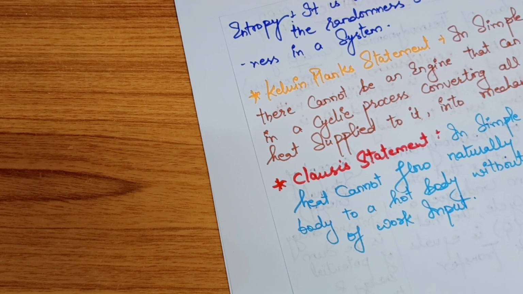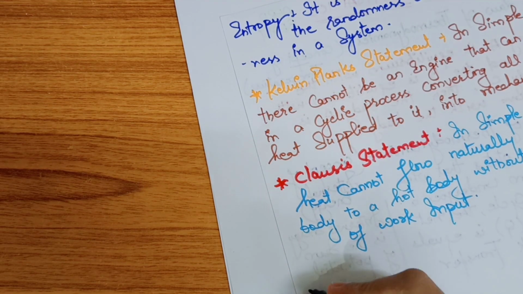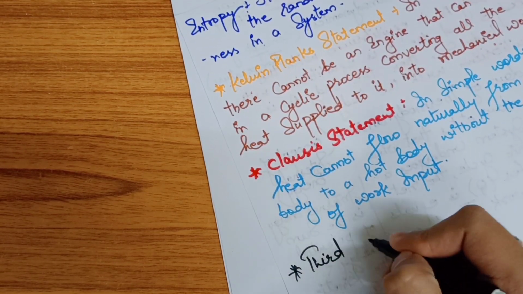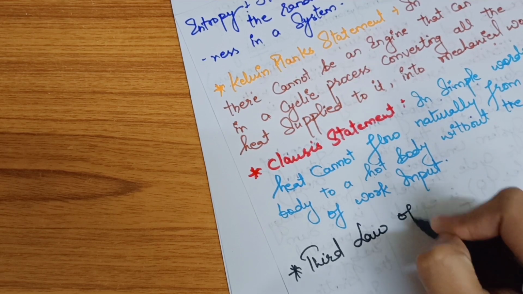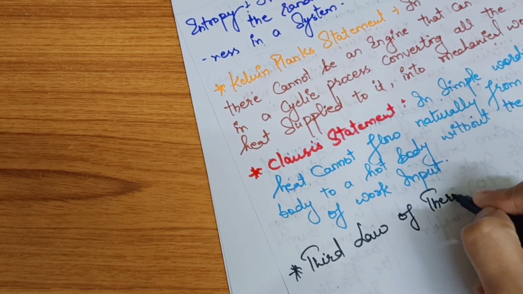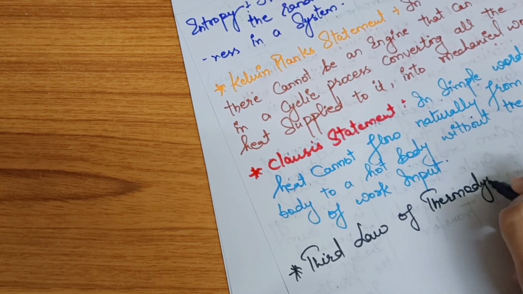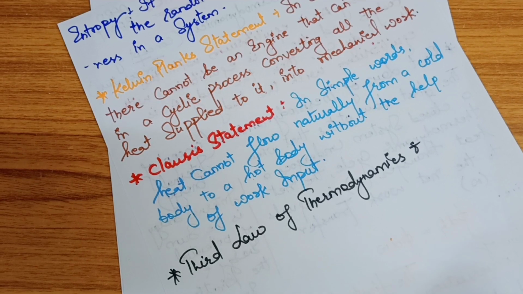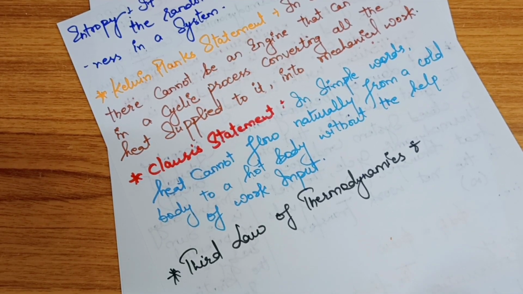So next one is the third law of thermodynamics. The third law of thermodynamics states that the entropy of a pure substance in thermodynamic equilibrium approaches zero as the temperature approaches zero.